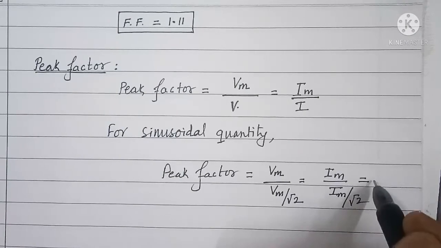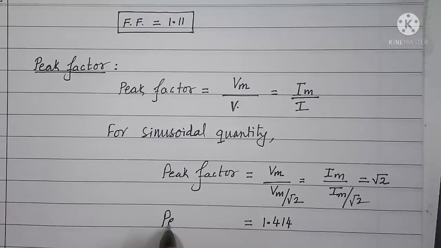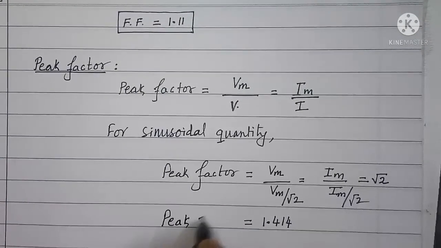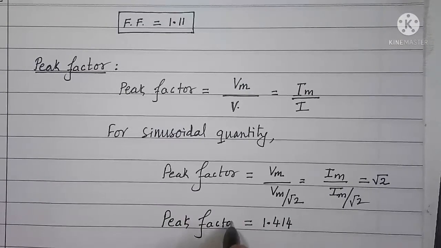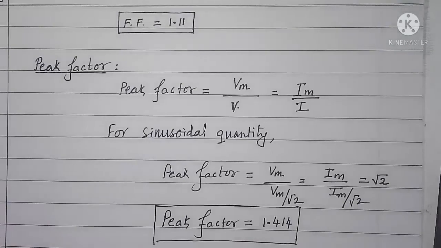On simplification, we get it as root 2. And we know that root 2 is equal to 1.414. So peak factor for sinusoidal quantity is 1.414.